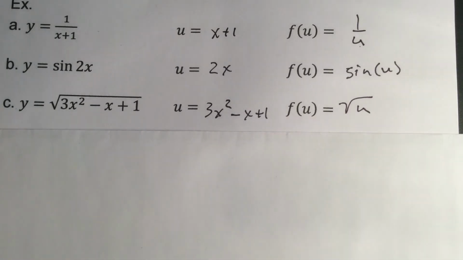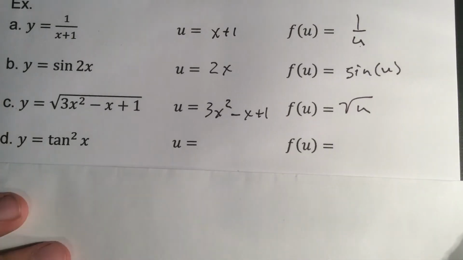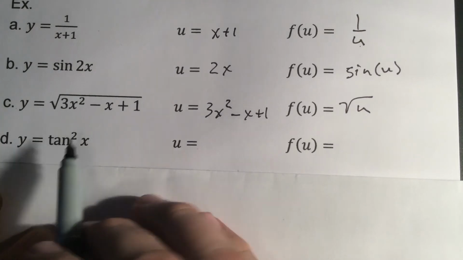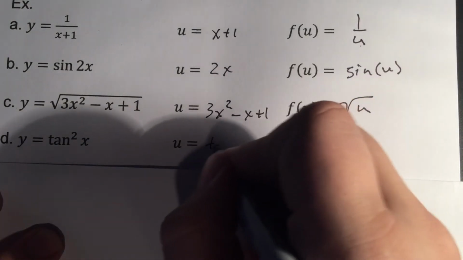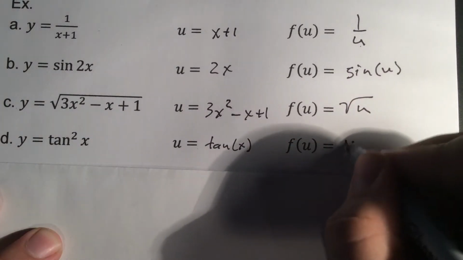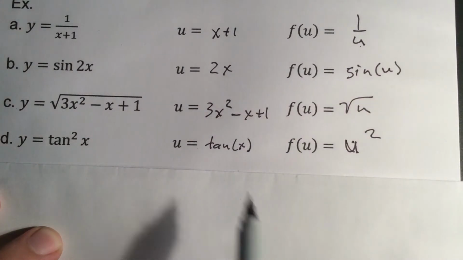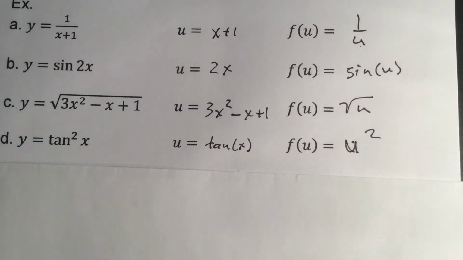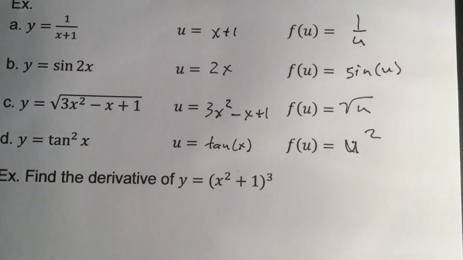What's all inside is another. Now, tangent squared. Here's going to be a little bit backwards. Here the actual inside is the tangent part, but because it's squared, u squared would be the outside. So if u is tangent, we'd put that in there, we'd have tangent squared. So that's what makes that one the second function.